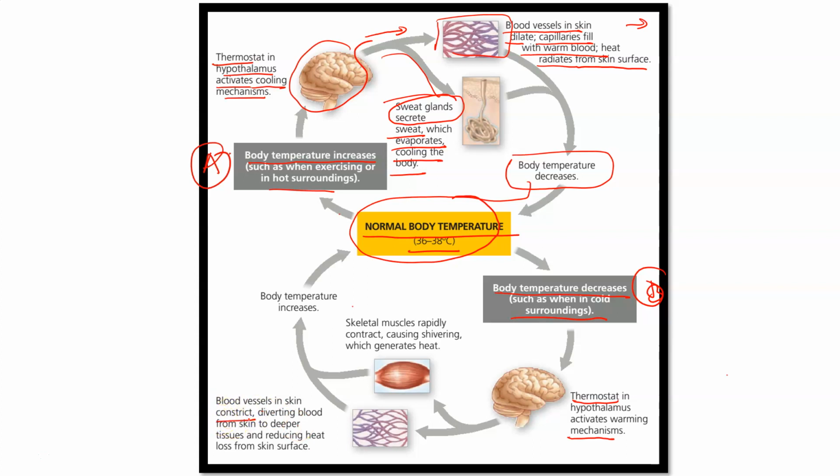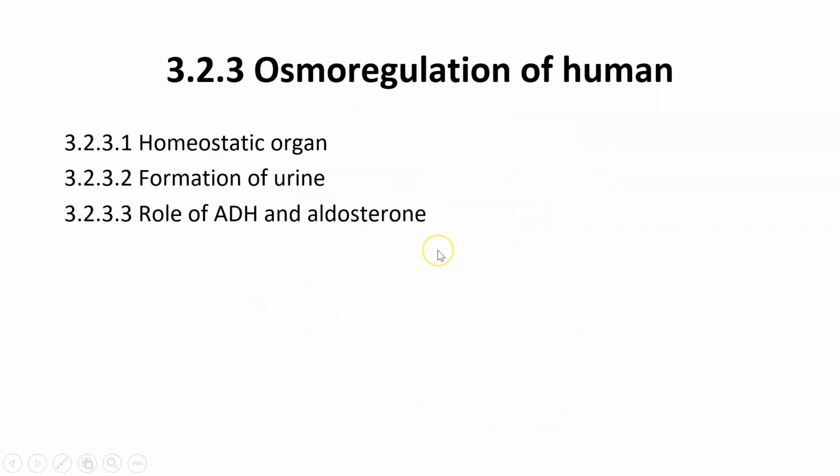So kan, duduk dalam peti ais sejuk, so awak akan the blood vessels akan constrict to reduce blood flow and reduce heat loss through radiation from the skin. And also it initiates shivering, kan, muscles contract and it causes shivering, which generates heat and causes body temperature to increase back to the normal set point.